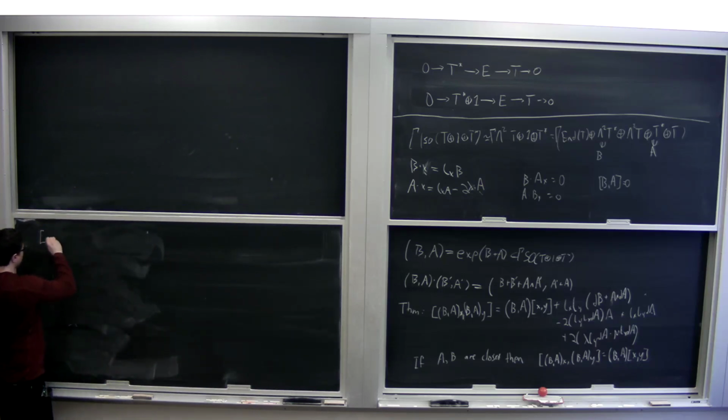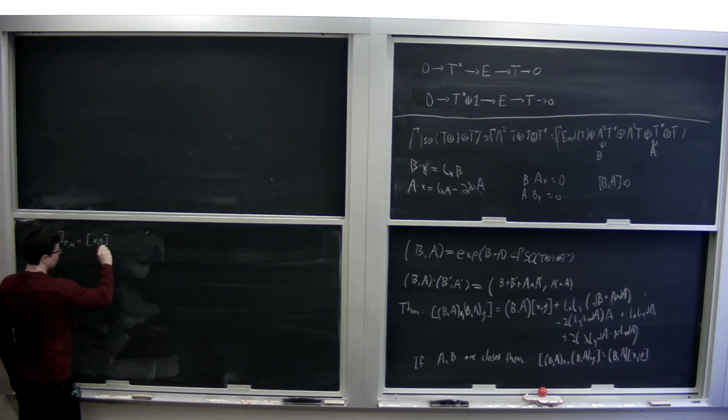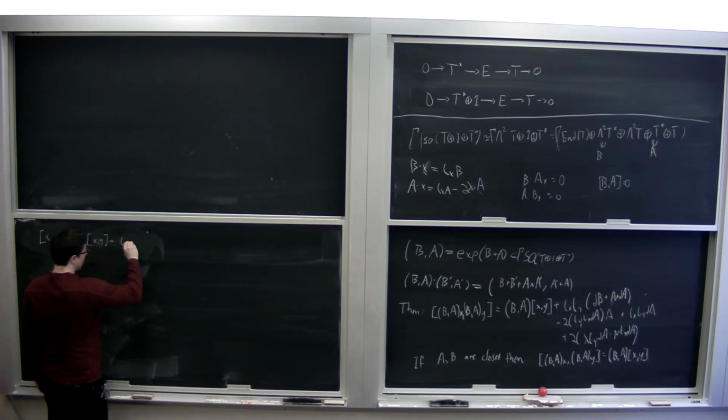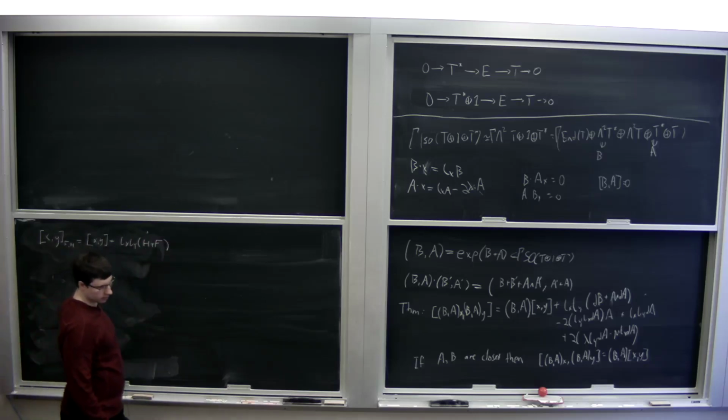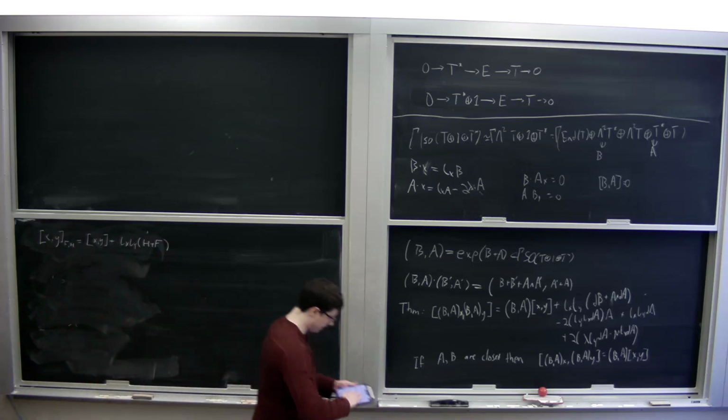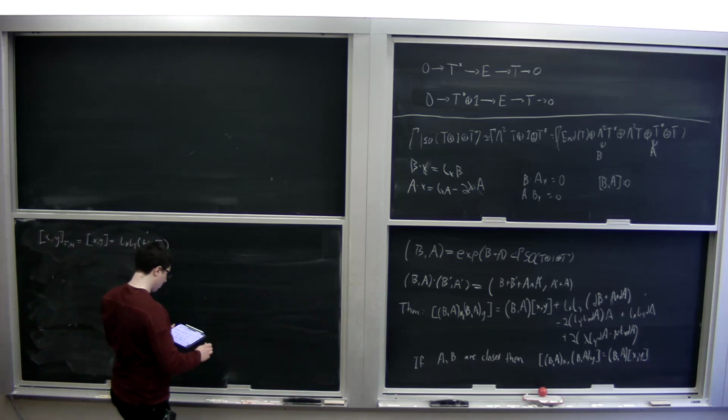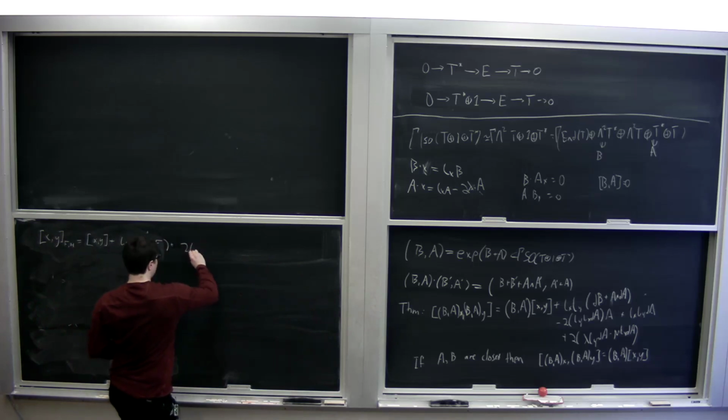So the Courant bracket of X and Y twisted by the pair F, H is equal to just the regular Courant bracket plus IX, IY applied to H plus F. And then just make sure I get this right. Oh, right, just plus 2 mu IXF minus lambda IYF.